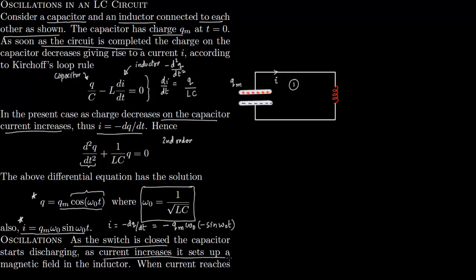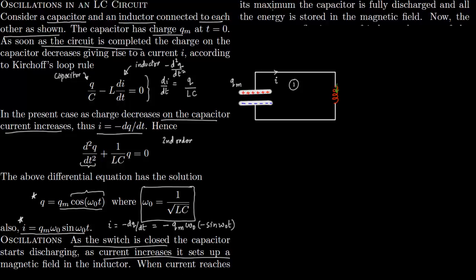As current increases, it sets up a magnetic field in the inductor. So as the current is flowing through this inductor, it is setting up a magnetic field there. When the current is maximum, the capacitor gets fully discharged, and all the energy is stored in the magnetic field of the inductor.